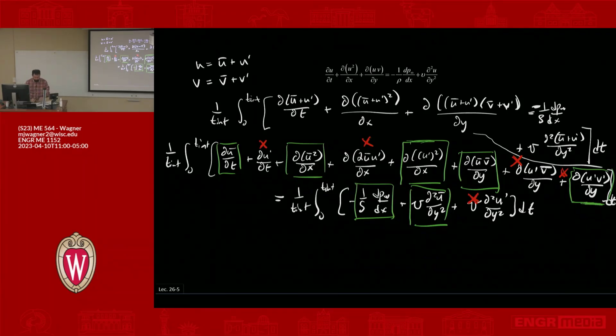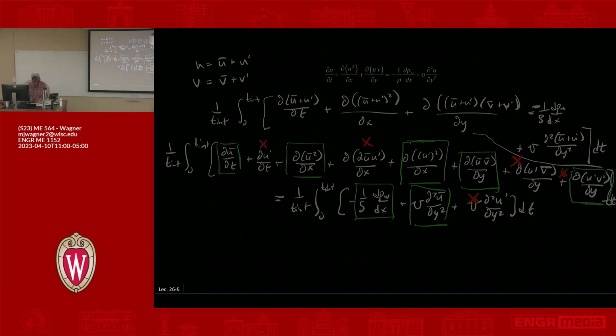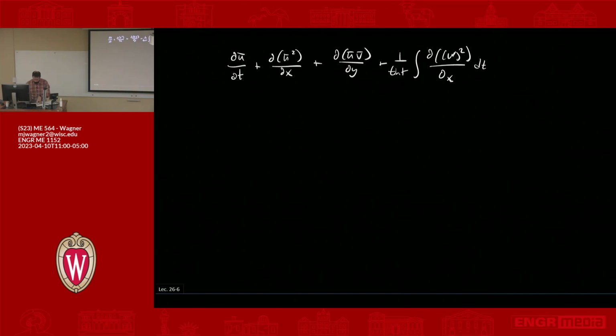So let's tidy this up a little bit and maybe write it out. Partial ū with respect to time plus partial ū squared with respect to x, partial ū v̄ with respect to y, plus 1 over T_int of the integral from 0 to T_int of partial of the quantity u′ squared with respect to x dt, plus 1 over T_int of the integral from 0 to T_int of the u′v′ product with respect to y dt.